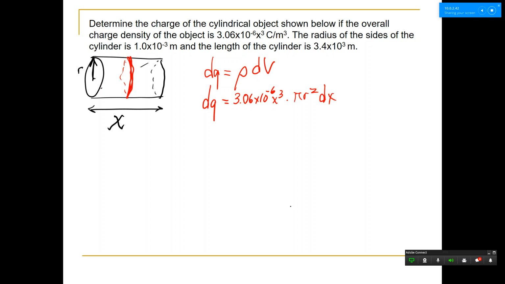Now, if I want to find the charge of that small area, I can do that. But if I want to find the charge of the entire thing, I need to add them all up. So I'll integrate the left and I'll integrate the right. If I integrate dq, I just get q, which is what I'm looking for, the entire charge of this object. And that's going to be the integral. And what are going to be my limits of the integral? Where do I start and where do I end?